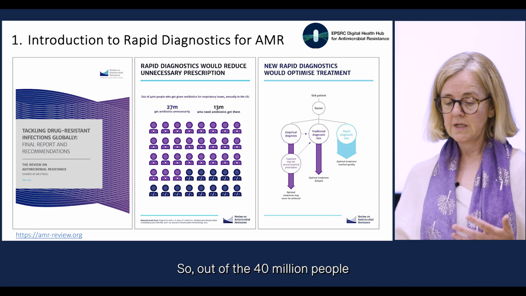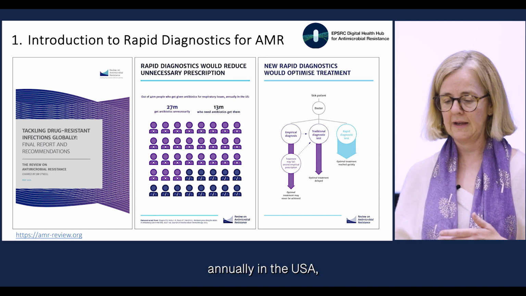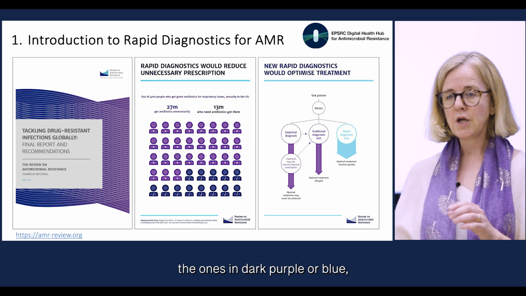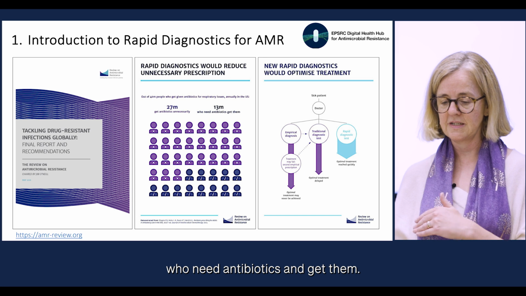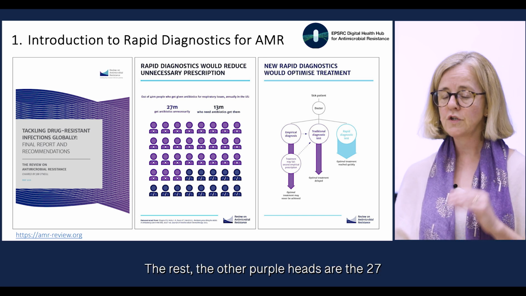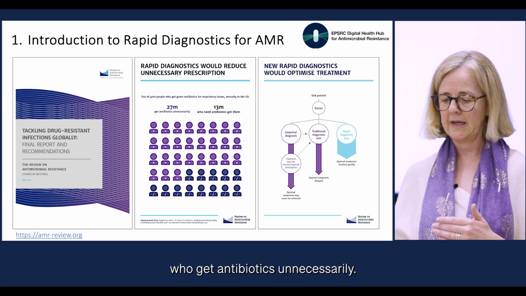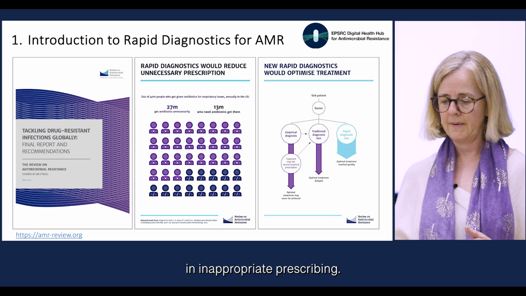So out of the 40 million people who get antibiotics for respiratory issues annually in the USA, you can see from this infographic, the ones in dark purple or blue, 13 million, are those who need antibiotics and get them. The rest, the other purple heads, are the 27 million people who get antibiotics unnecessarily. So there's a huge issue in inappropriate prescribing.